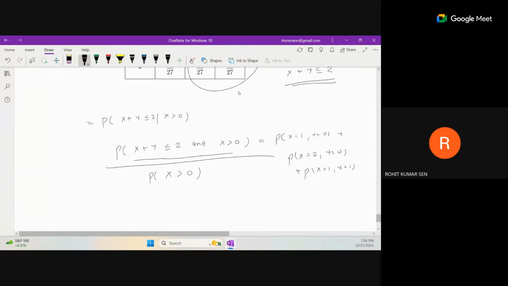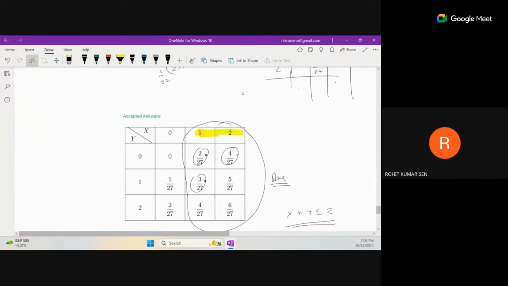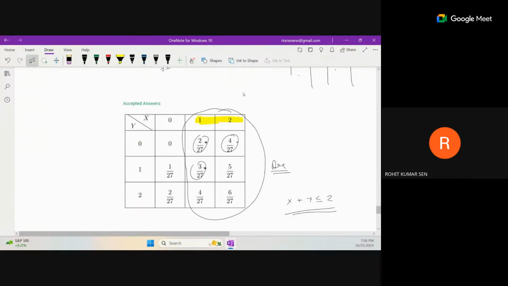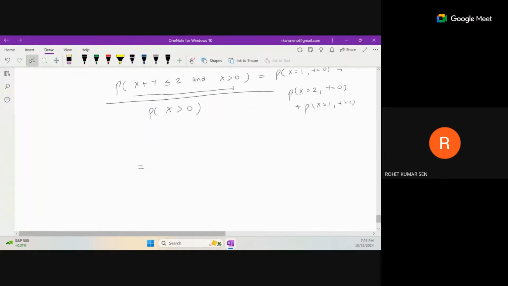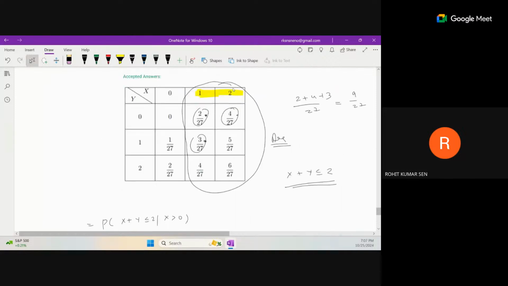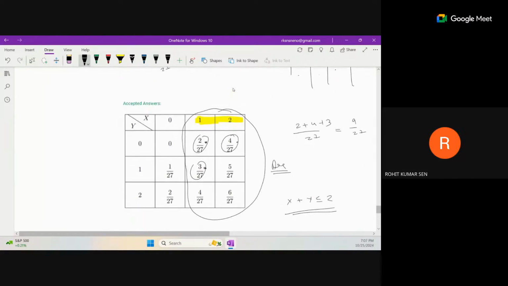Okay, so let's add them. It is equal to 2 plus 4 plus 3 divided by 27. 2 plus 4 is 6, and 6 plus 3 is 9, so 9 by 27, which is 1 by 3. And what is the probability of x greater than 0? You will add all of these values.